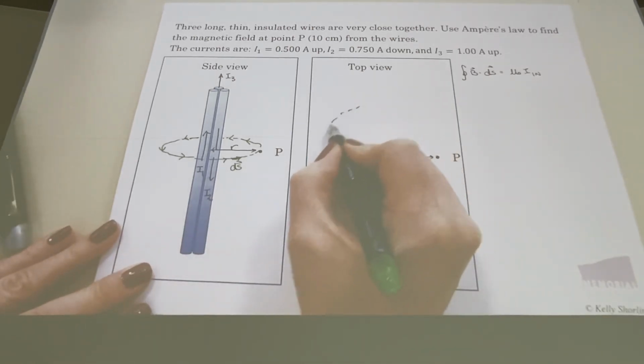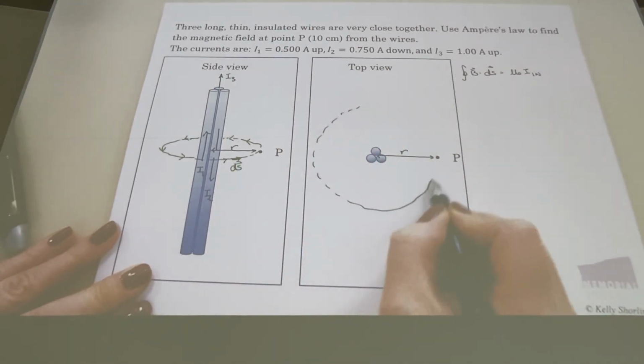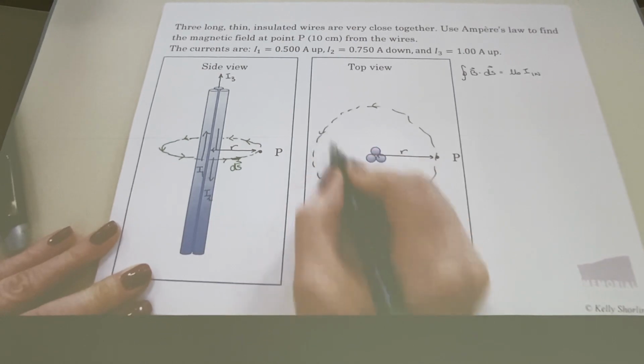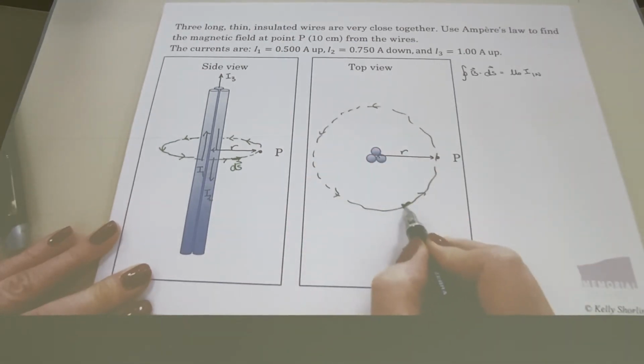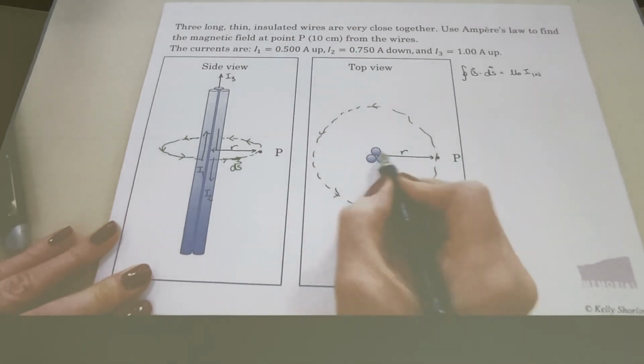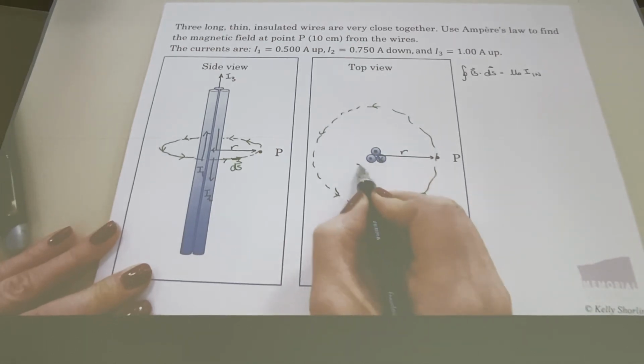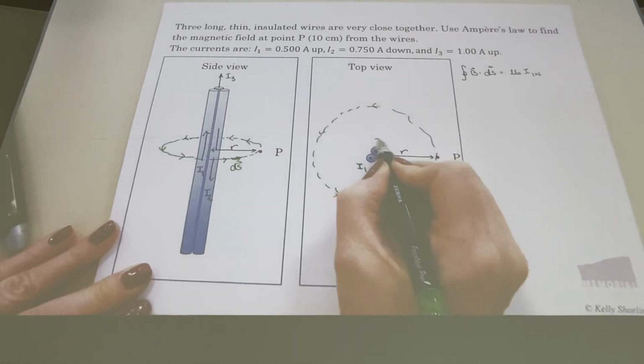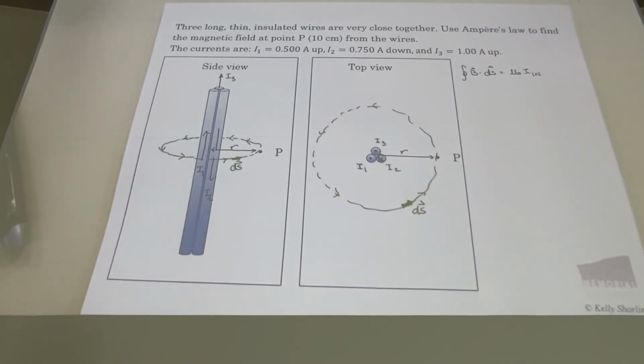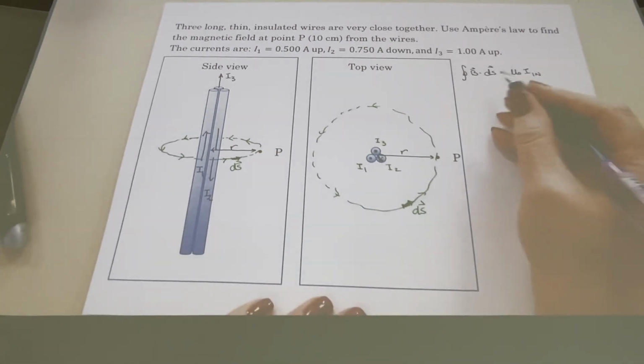I can draw that on the top view as well. So one wire coming towards us, away from us. So, first thing we want to sort out is what is the integral of B dot ds.